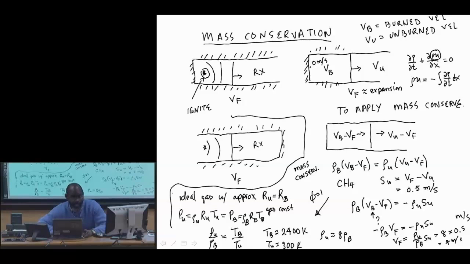So think about that problem. You need to be able to analyze a problem like that, and it's just the same processes we're doing here. I'll give you a hint. Here, VU is equal to 0, because it can't go anywhere. So the expansion is all going in this direction, and you should be able to figure out what's going on there. This is not a hard problem.